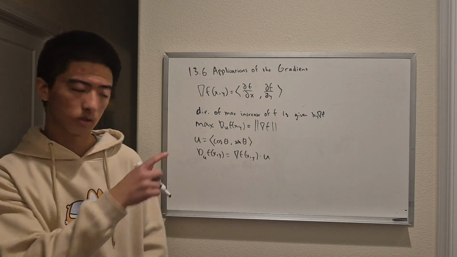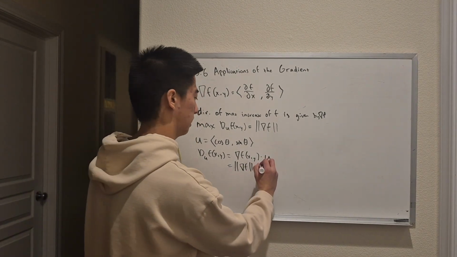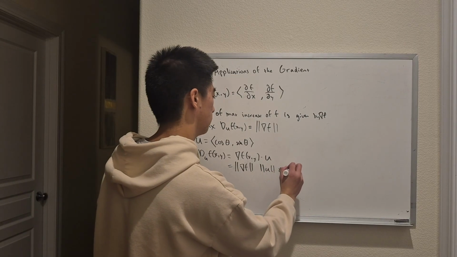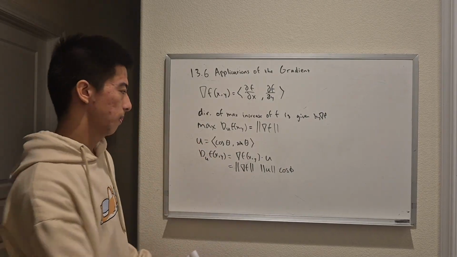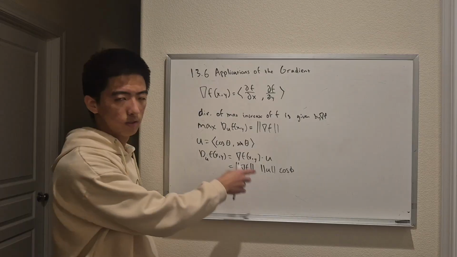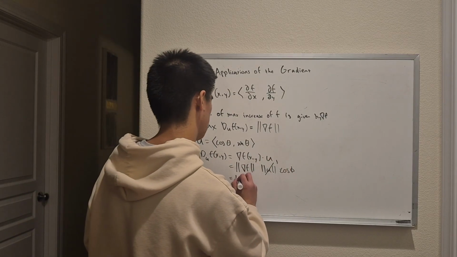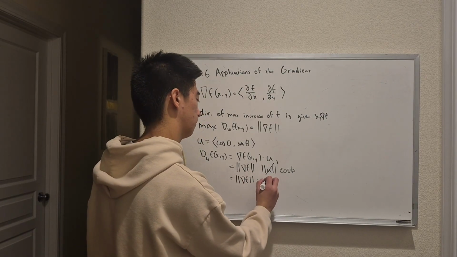So we can use the definition of a dot product. We have the magnitude of our gradient times the magnitude of our direction vector times cosine of phi, where phi is the angle between u and our gradient. The magnitude of u is just 1 because u is a unit vector. So this is just the magnitude of our gradient times cosine phi.